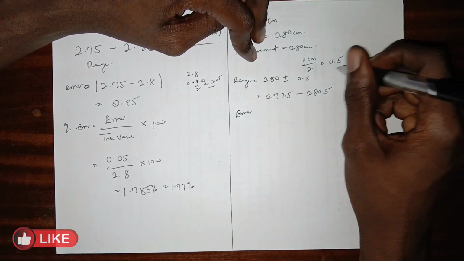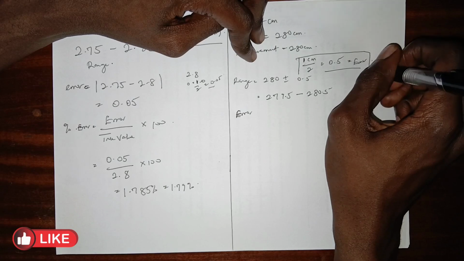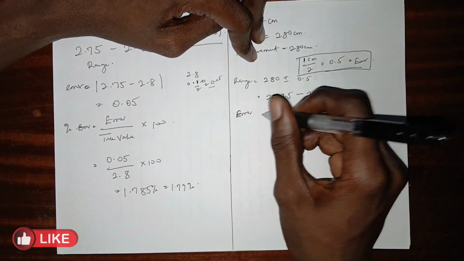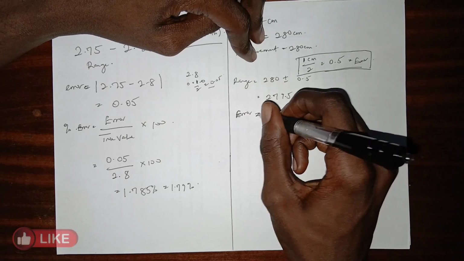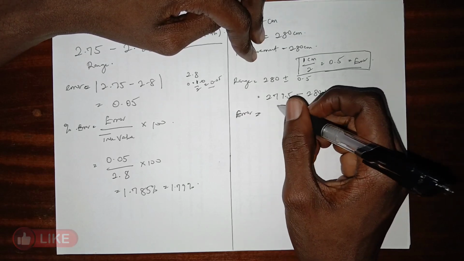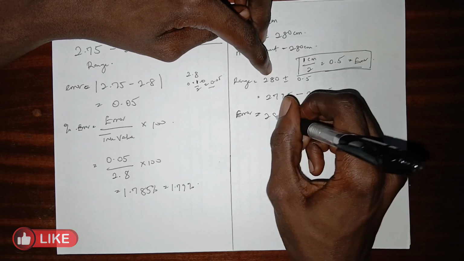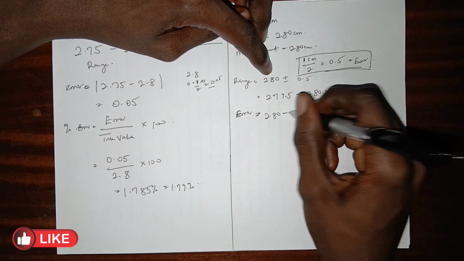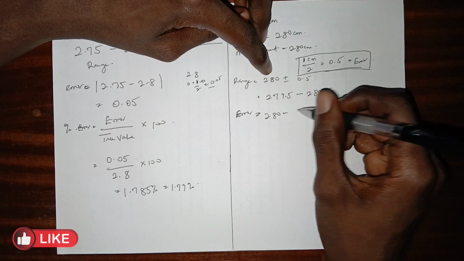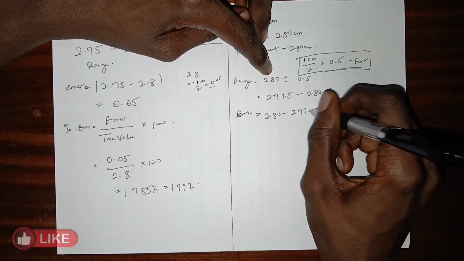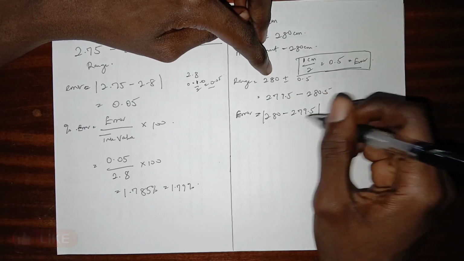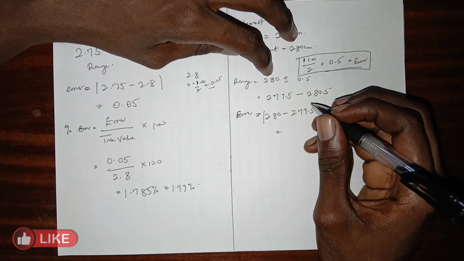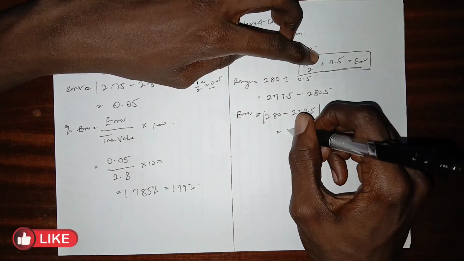This isn't a formal way of getting your error, this is just where I get mine. You can just subtract 280 minus any of them, say 279.5. There's no absolute needed. Our answer will be 0.5, like we've already done.